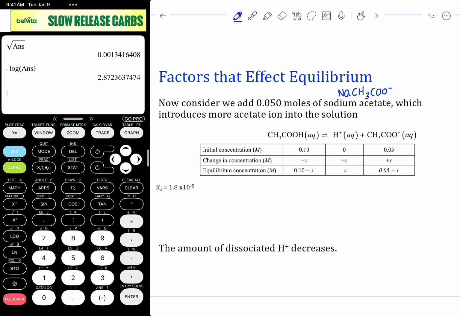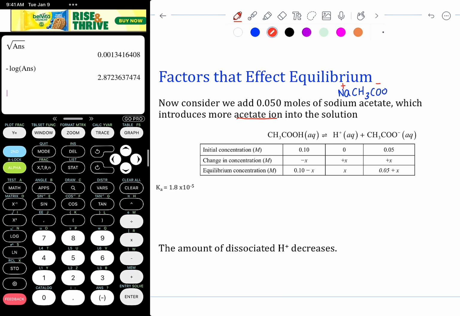We add the sodium there to charge balance the acetate ion, because we know that sodium has a 1 plus charge and acetate has a 1 minus charge, so they balance each other out. So we use sodium acetate to introduce the acetate ion into this solution.